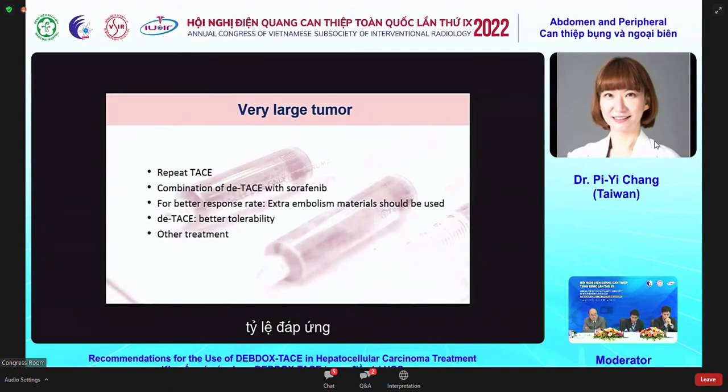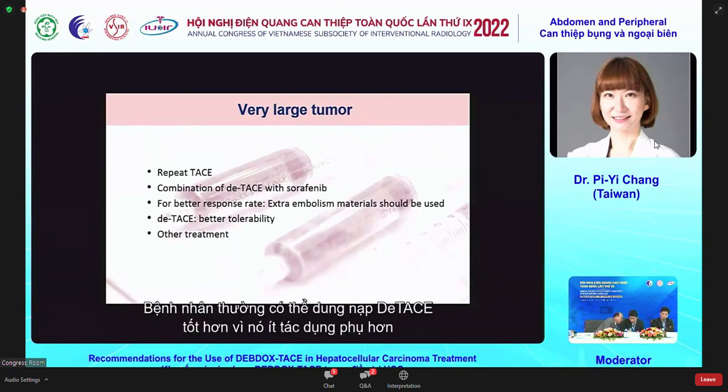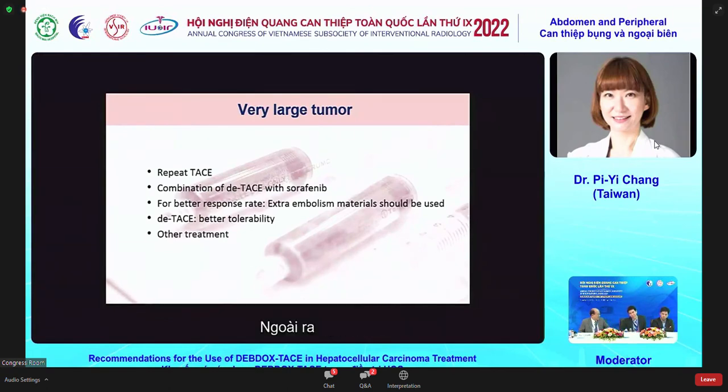For better response rate, we can add extra embolization materials as well. I want to highlight that patients usually can tolerate DEBDOX-TACE better because it has fewer side effects. Alternatively, you can consider other treatments such as radioembolization or hepatic arterial chemo agent infusion.